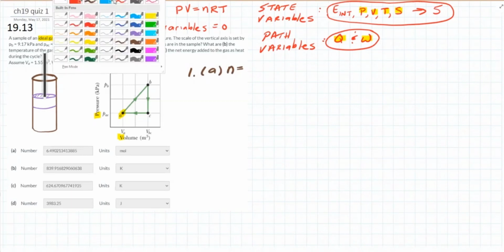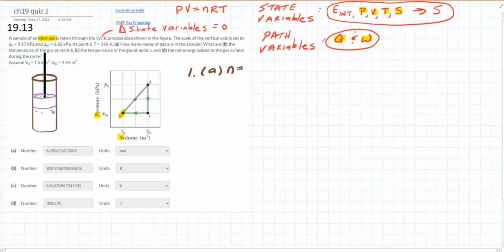So let's just pretend there's a whole bunch of air molecules. Let me just draw air molecules. These little dots are molecules of air. And air is a mixture of nitrogen and oxygen, and there's traces of argon and carbon dioxide. But these little green dots are representing the working substance. This is the gas that will be doing work.